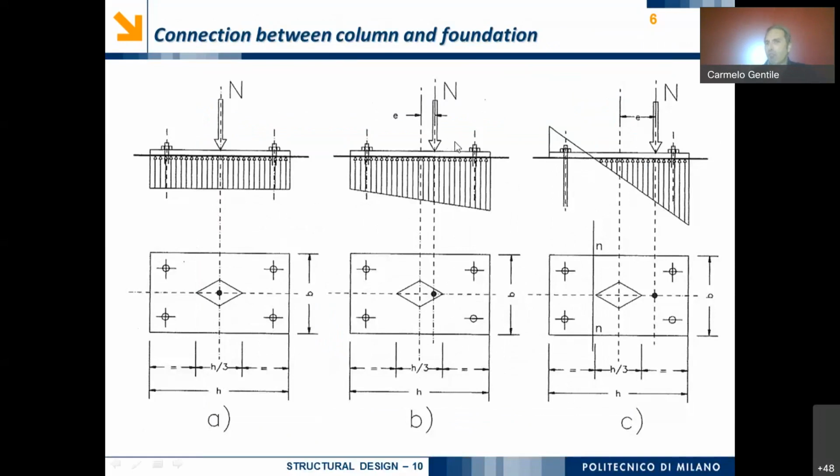column and a foundation. Generally, this kind of connection consists of one plate.